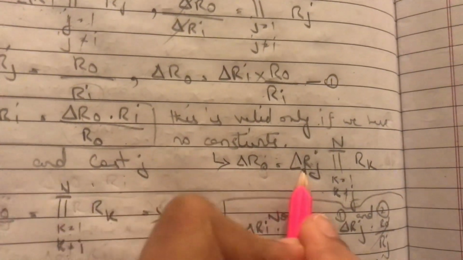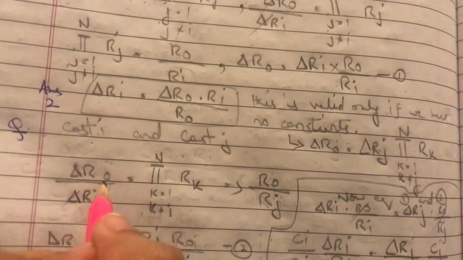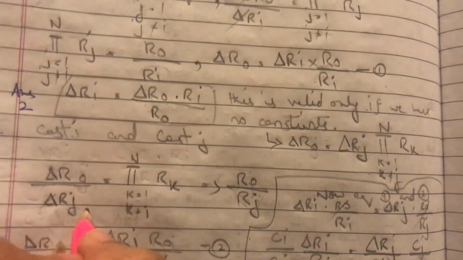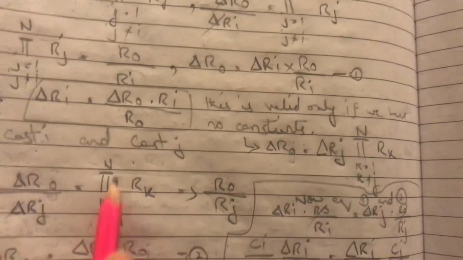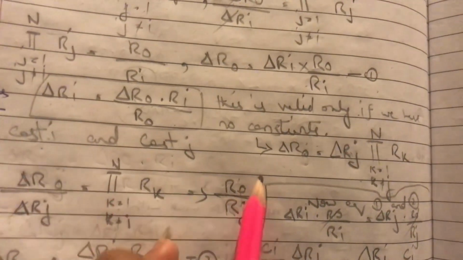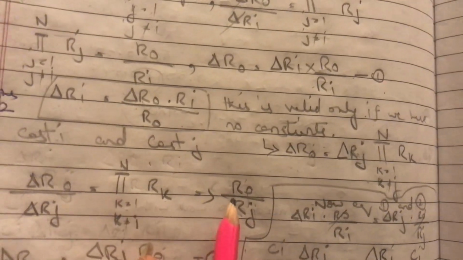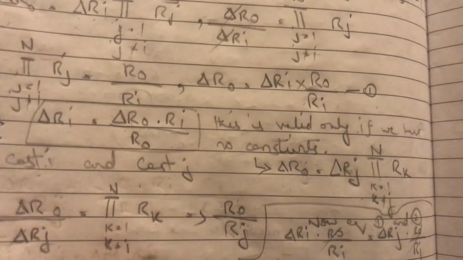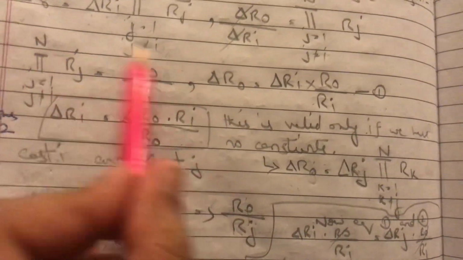So now we will take the delta Rj over down here, where it is, exactly here, delta R0 over delta Rj, and this becomes the same as here. We cancel out the deltas and R0 over Rj. So this becomes this thing that we did before.